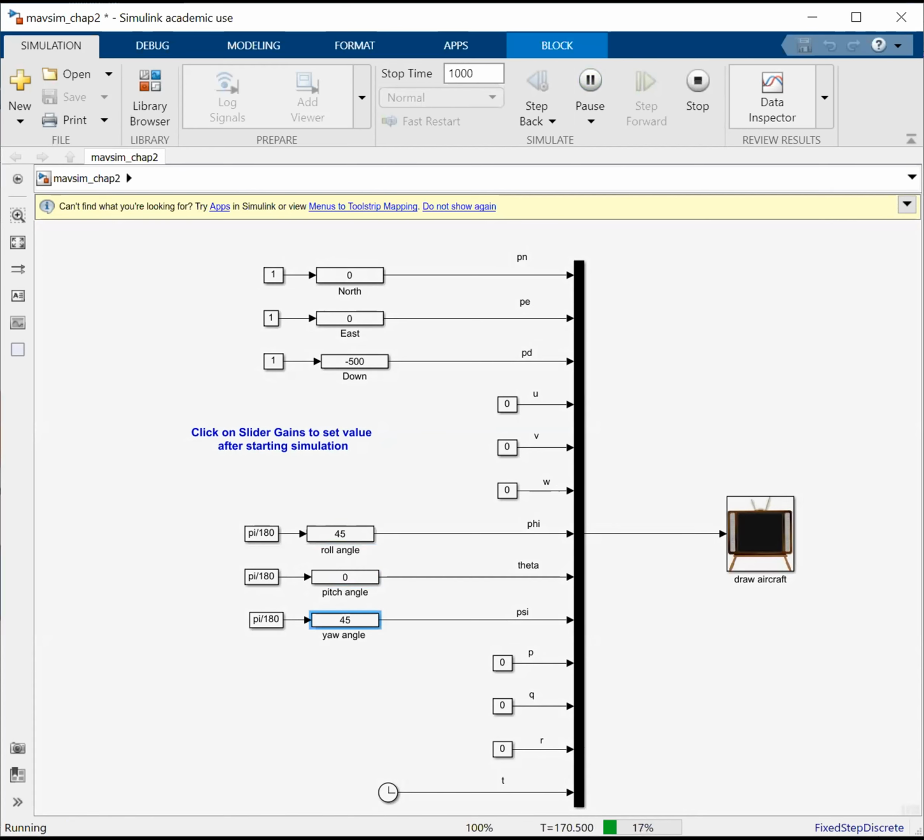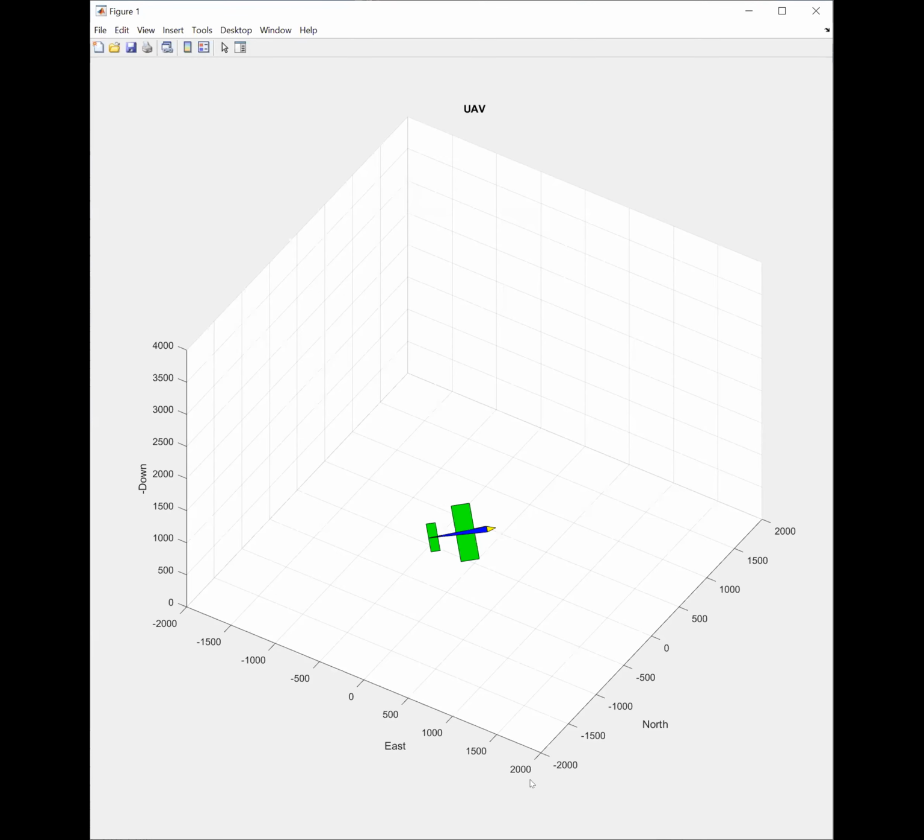And I want you to observe the way the aircraft has rotated. Your aircraft has probably rotated something like this.